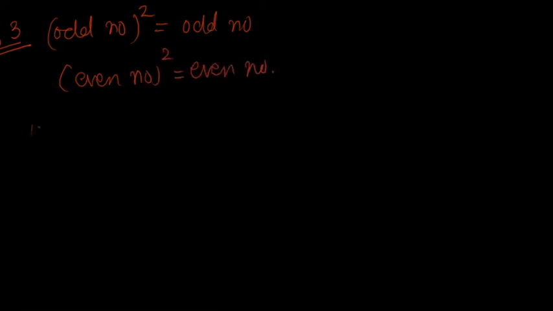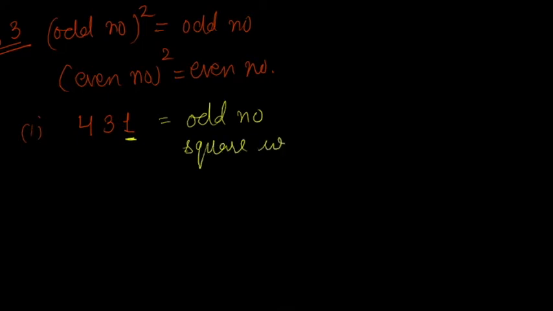So the first part is 431. From the unit place, we can identify whether it is an odd number. 1. 1 is an odd number, so the given number is an odd number. Therefore its square will also be odd. You can write the property in your own words with the reason.